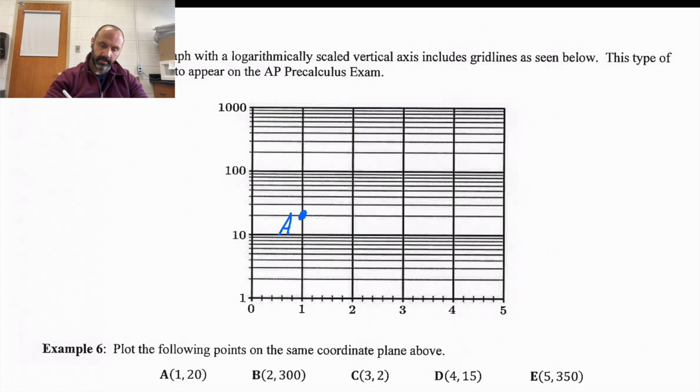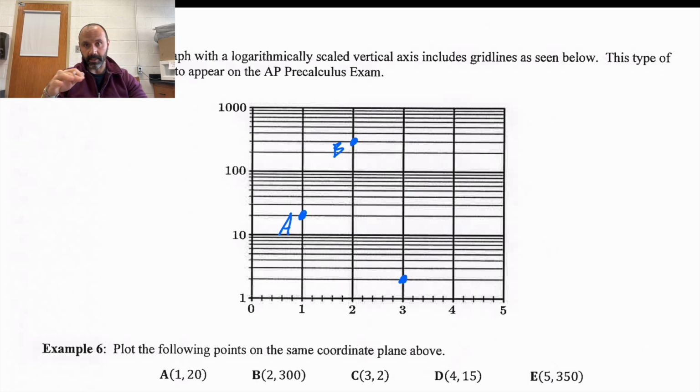Point B is 2 comma 300, so I'm going over to 2. And then here's 100, 200, 300 is going to be right there. So that's point B. Point C is 3 comma 2. I'm starting at 1, and then 2 is right here.